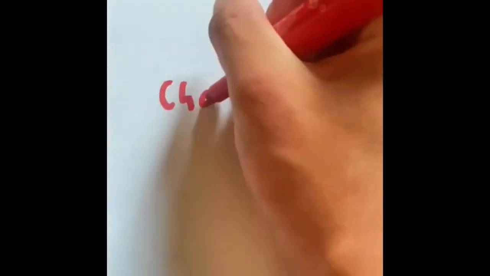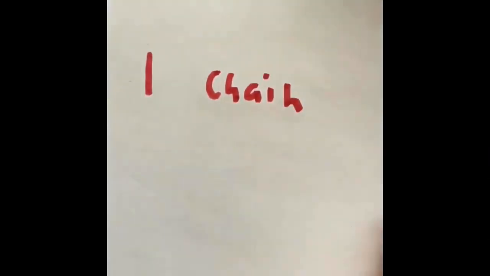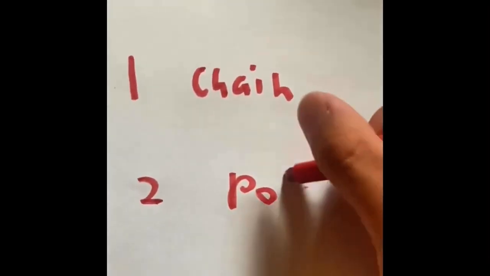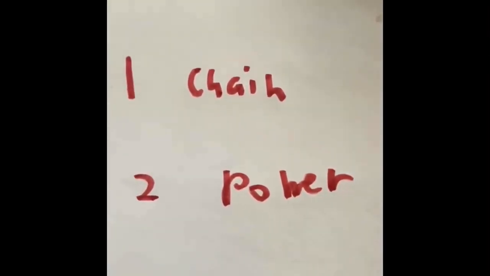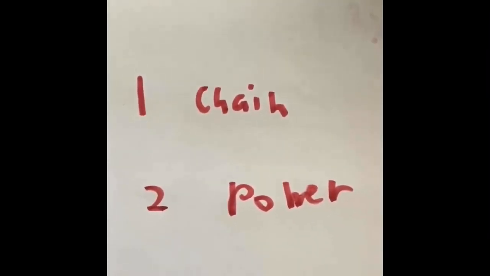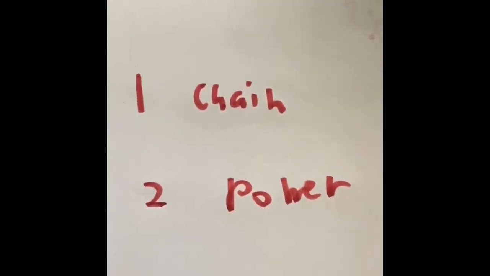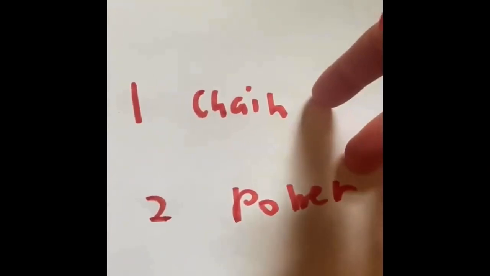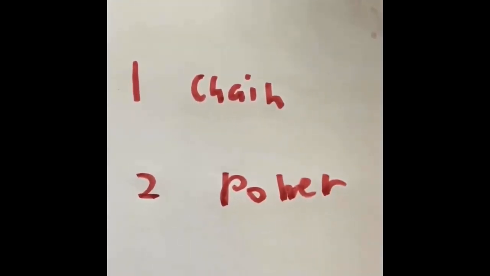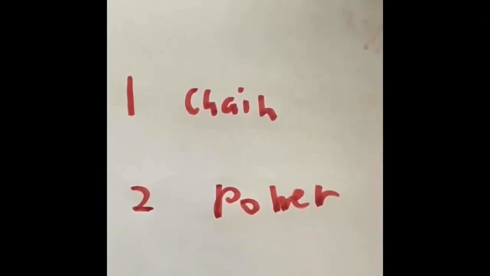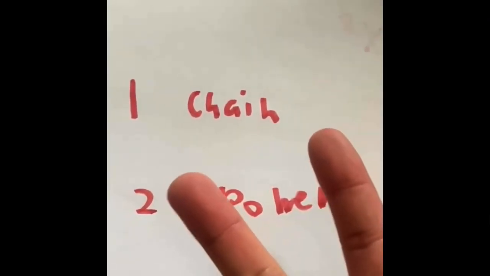One, we can call it the chain rule. That is a strategy. Or two, we can call it the power rule. The chain rule is more complex and a lot harder to strategize, but the power rule is a new way of thinking about it. If you do it either way, it will still give you the same answer. So let's do it. Are we going to do it the easy way or the hard way?